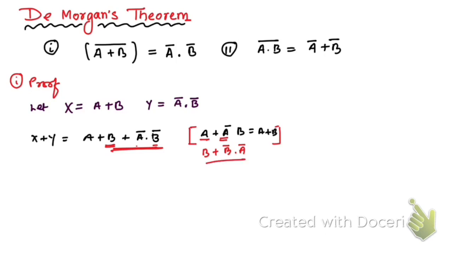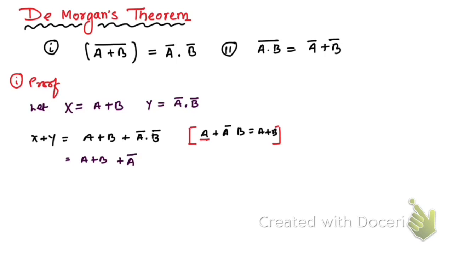According to this formula, you should get b plus a bar, right? B plus a bar. Hope you have understood this. So using this identity, a plus b plus, the result of this is nothing but b plus a bar.